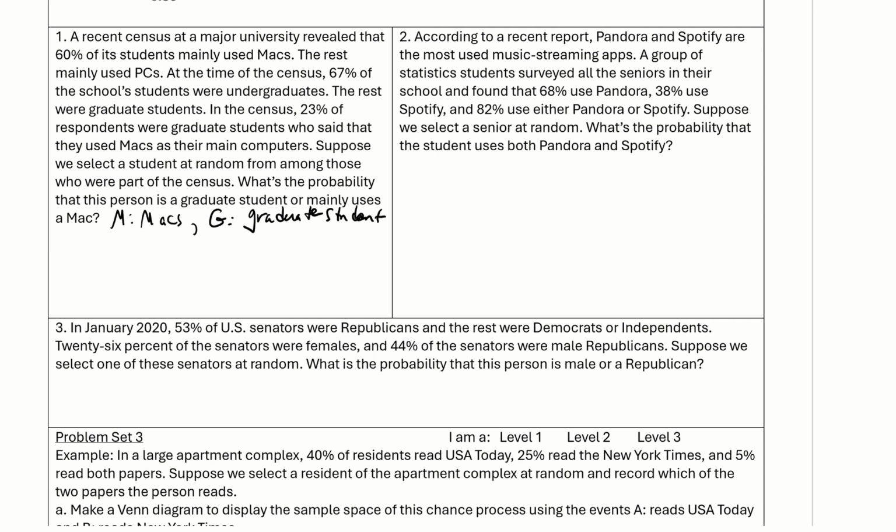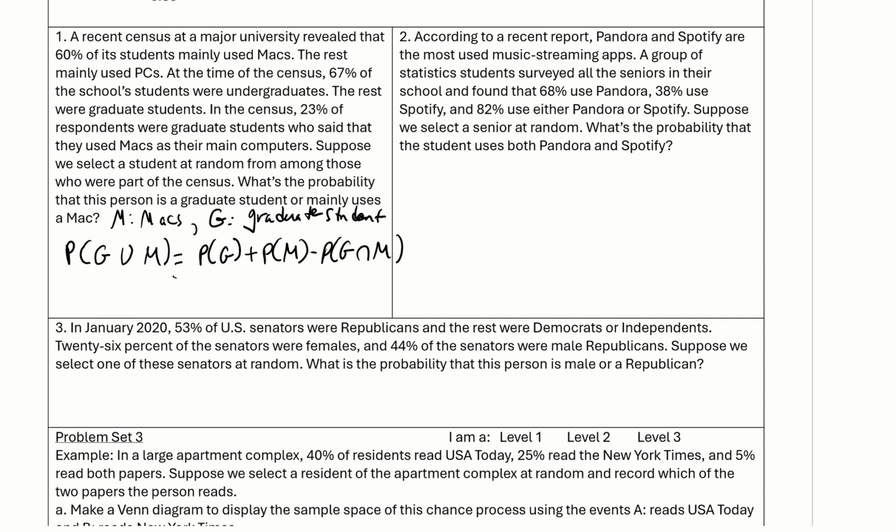Those are our two events. What's the probability of graduate student or Mac user? Using the general addition rule, probability of G plus probability of M minus probability of G intersect M.